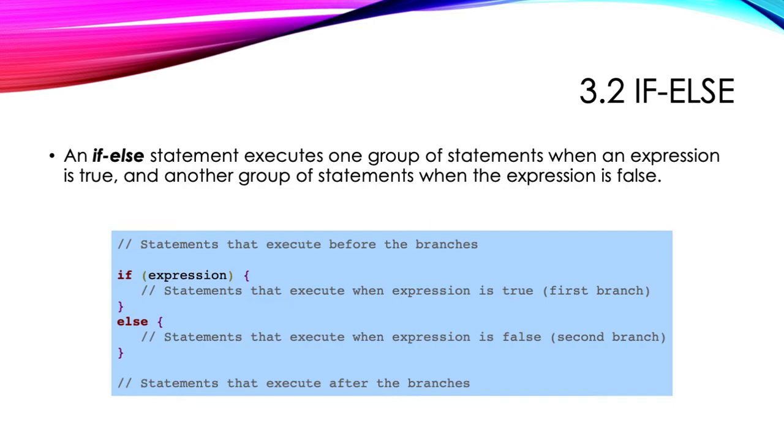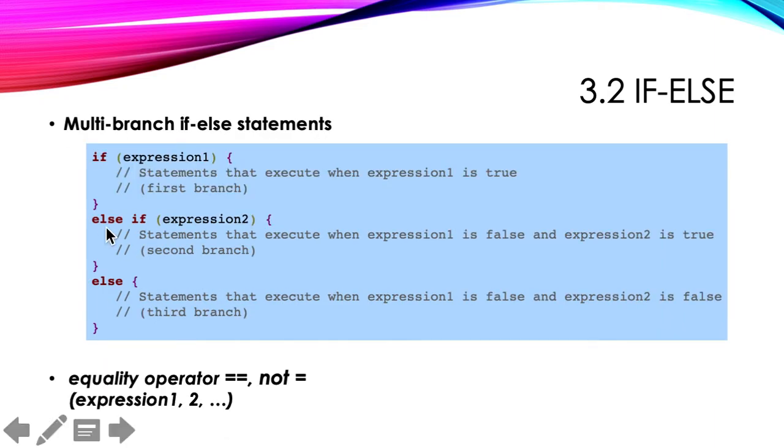In the event you want to put in a multi if else, you can put two expressions here. And take note, the equality operator, double equal, is not the same as a single equal. You check the expression to see whether it's true or not.